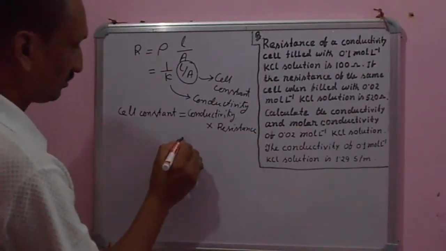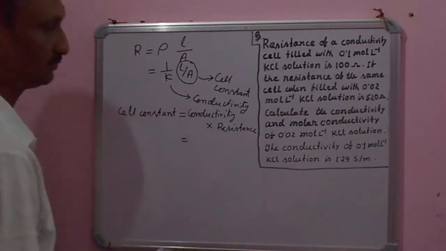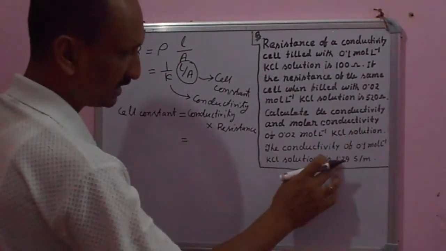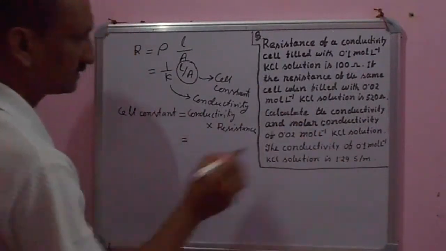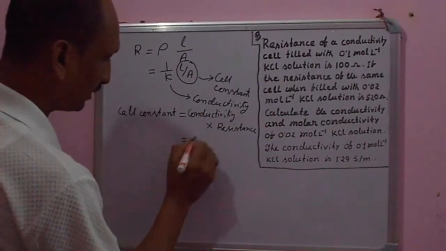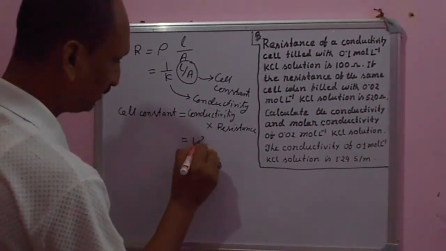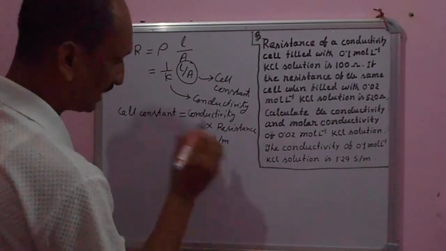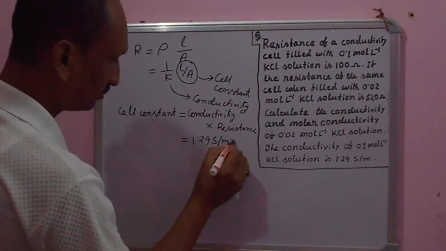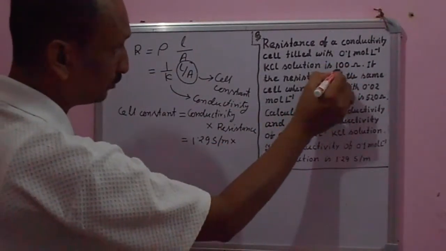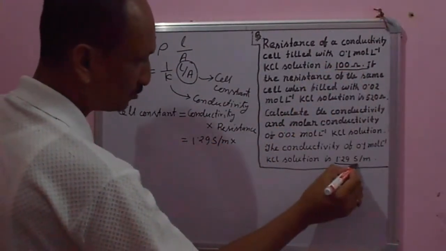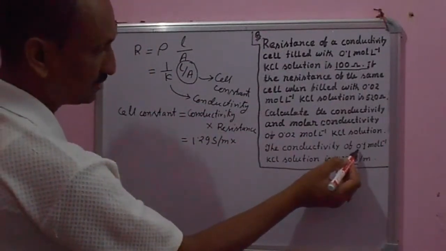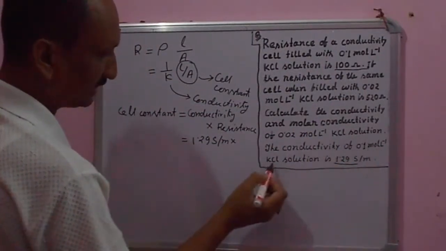The conductivity of this solution is given, that is 1.29 Siemens meter inverse, into its resistance, that is 100 ohm. These two are given for the first solution, that means 0.1 mole per liter KCl solution.